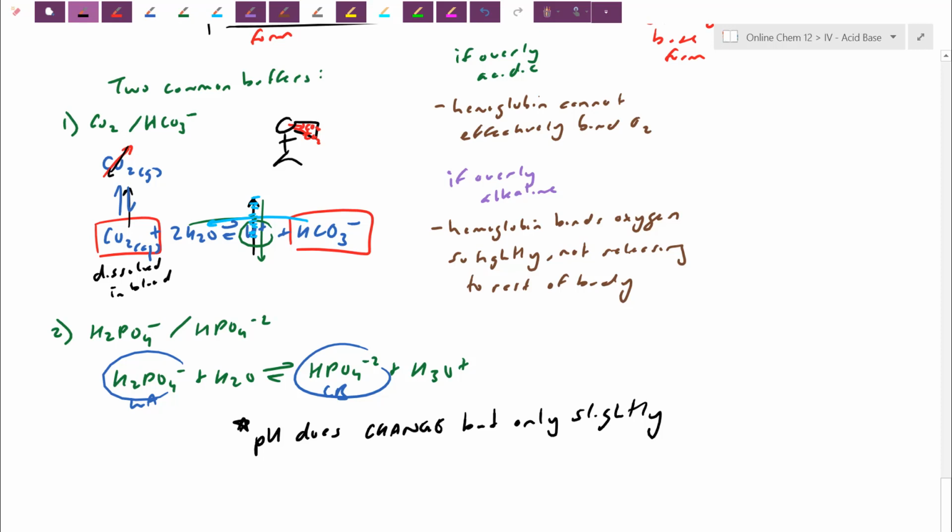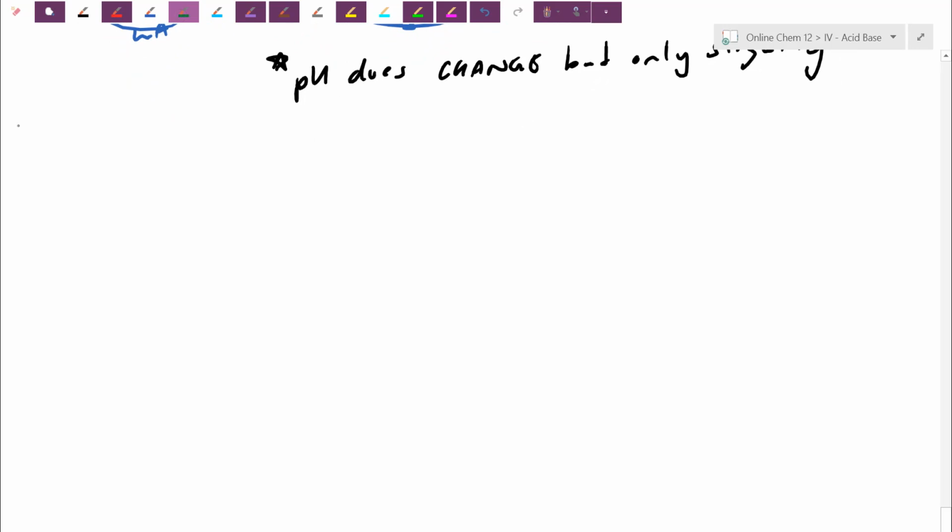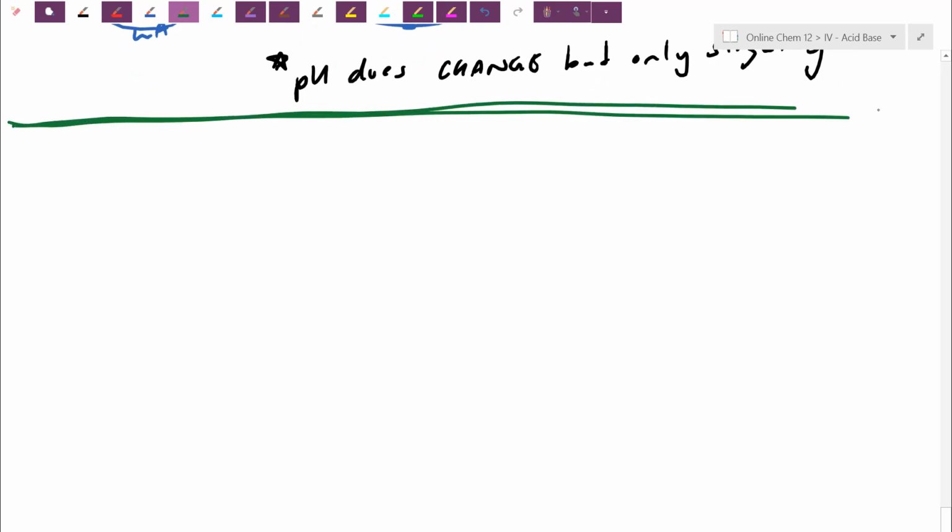Just for completeness' sake, I want to walk you through an ICE table style question. I want to show you that yes, the pH does change, but comparing with a buffer versus without a buffer. This right here is just for comparison's sake. We're going to set up a scary looking ICE table.